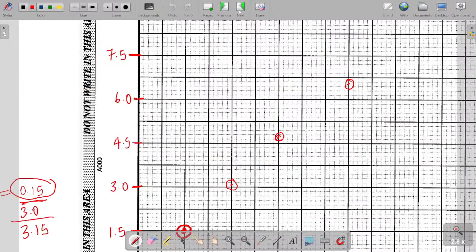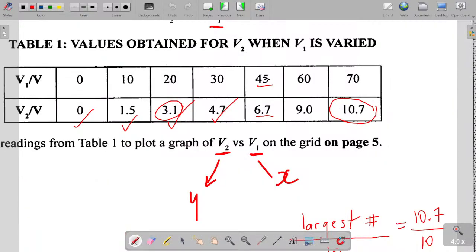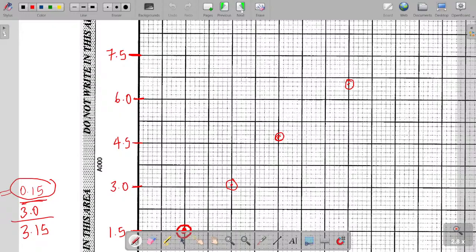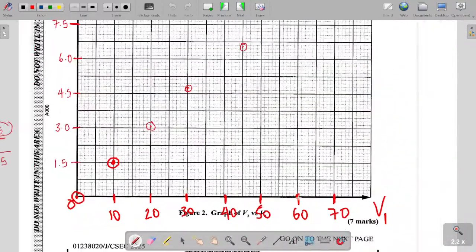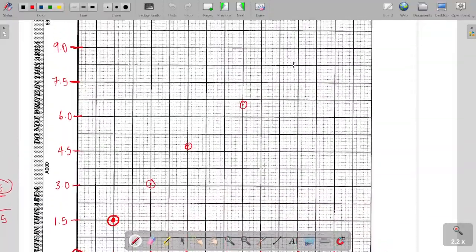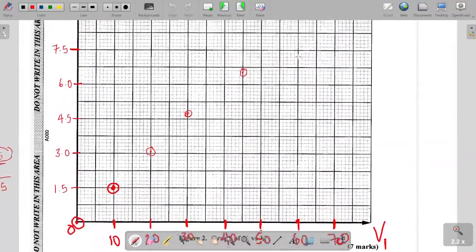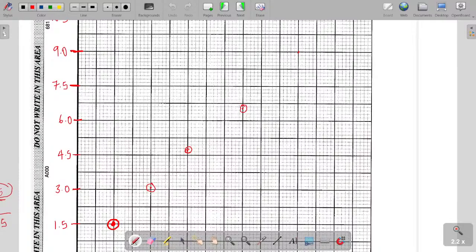Oh, it's actually 6.7. Alright. Then we have 60 and 9. That one is easy. We find 60, and we carry it all the way up to 9. So 60 and 9.